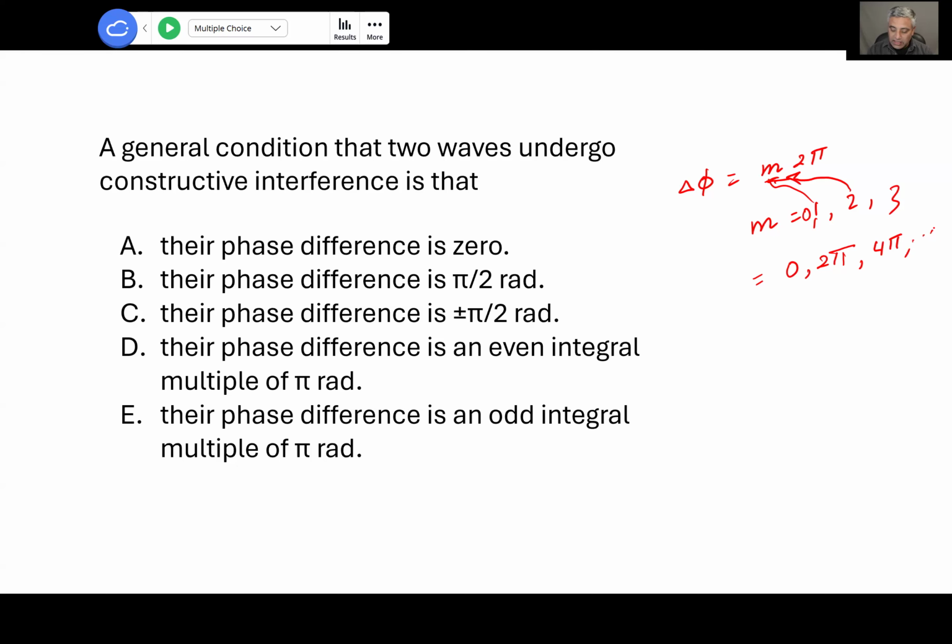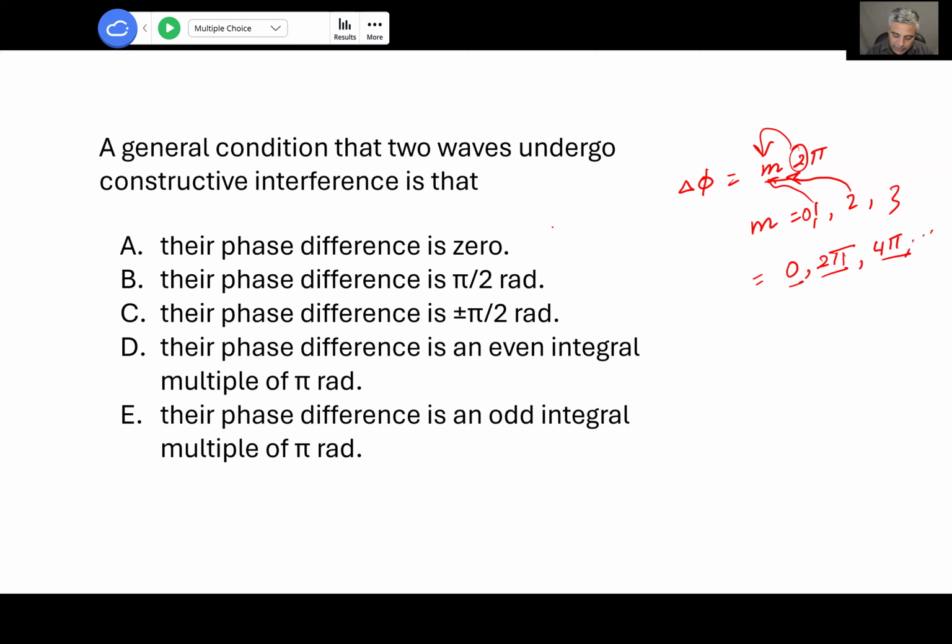So what do we see here? Basically this 2 is making it an even multiple of pi, right? So 2 times an integer becomes even. So we are getting 0, 2 pi, 4 pi, and so on.